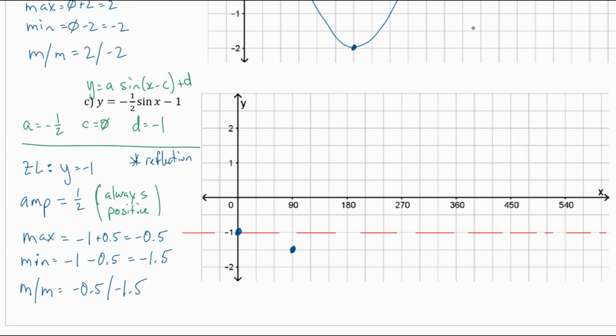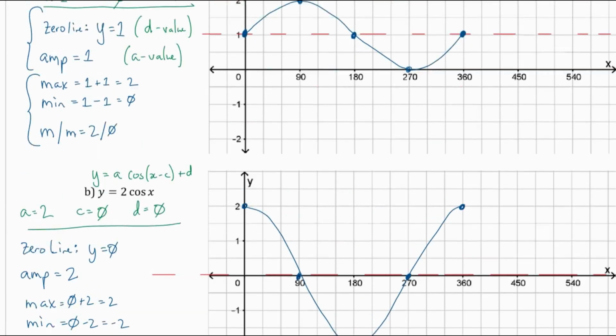Back to the 0 line, 3 more squares, 3 more squares. Now I'm at the max, 3 more squares, back to the 0 line, because that's what sine does. Starts on the 0 line, ends on the 0 line. Nice. And notice how it looks a lot like sine, but it's reflected.